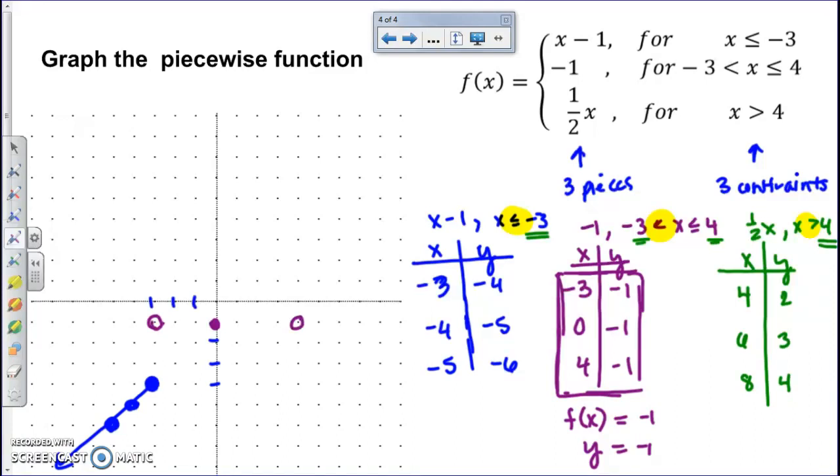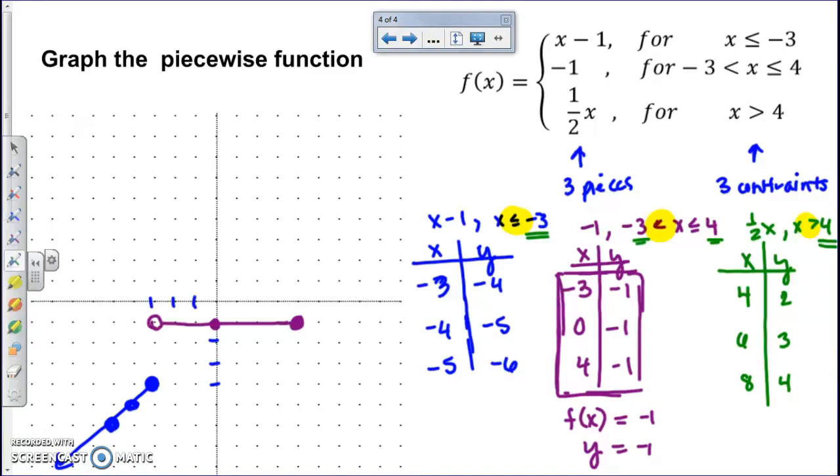Now, the 4, -1 is our end point. So you have to ask, when I end this piece of the function, is this open or closed? Look at your rule. It states that we will include that point, so we will close this circle.